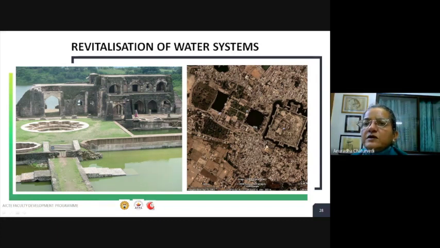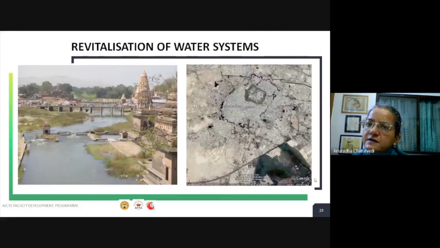So these are heritage resources which, if integrated into the planning framework, can provide a lot of lessons in relation to the achievement of the Sustainable Development Goals.